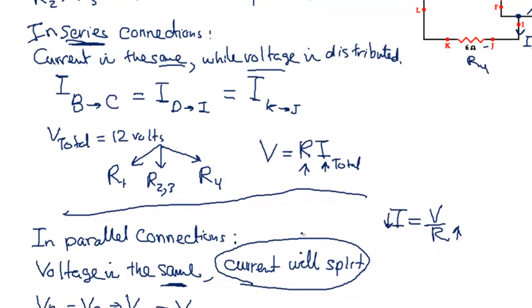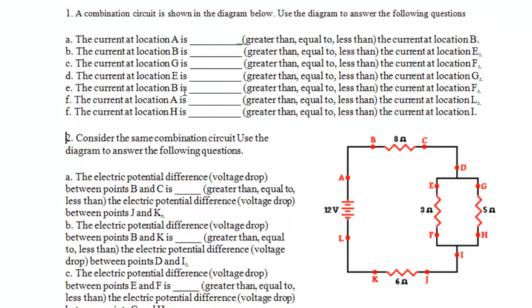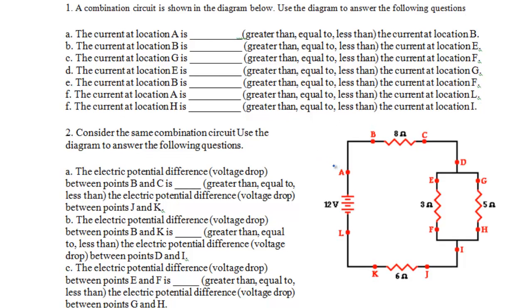So let's go back to the questions here. In question number 1, they ask you the current at location A, which is this one here, and this will be I total. Remember, I total is coming out of the battery, going through A, B, C, D, then it will split at the junction between the 3 ohm and the 5 ohm resistor, then it will meet again and go through the 6 ohm.